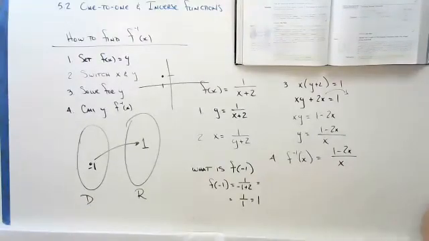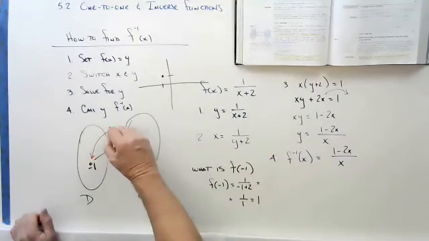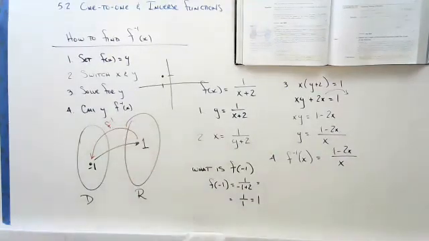Well, f inverse is just the function that goes back the other way. That's what f inverse is. It's the function that undoes what f did. What did f do? It messed it up. Don't worry about it. F inverse will fix it. It'll turn it right back.